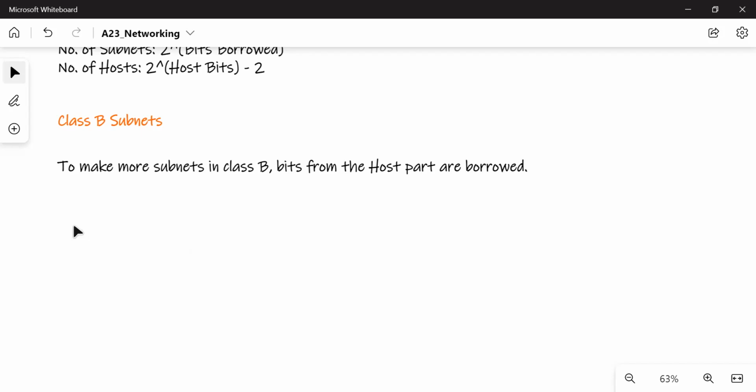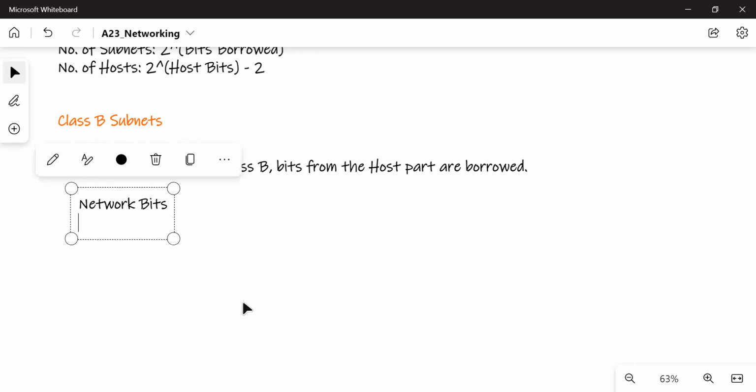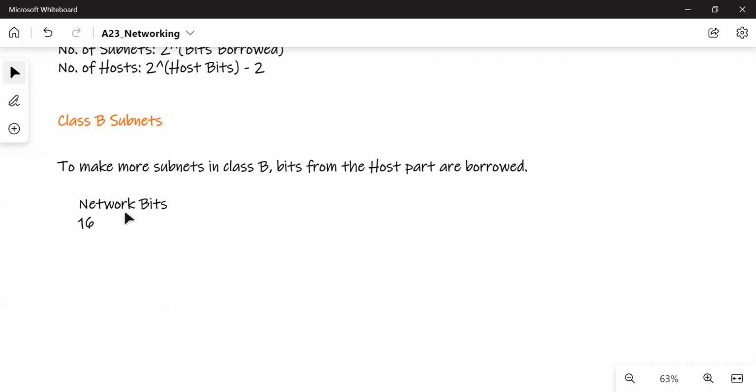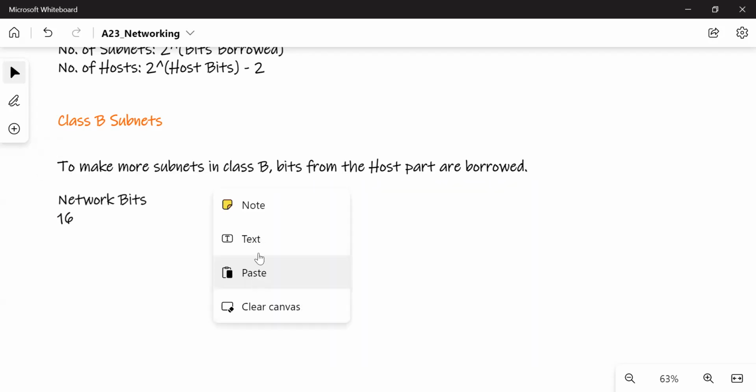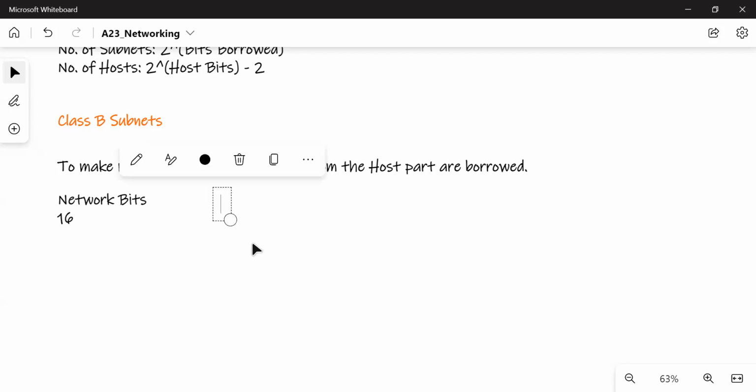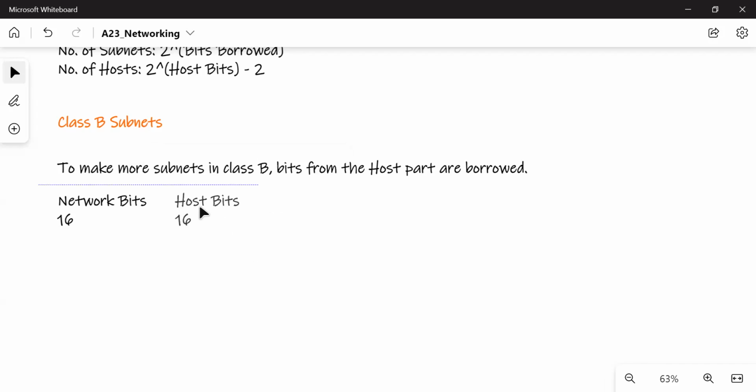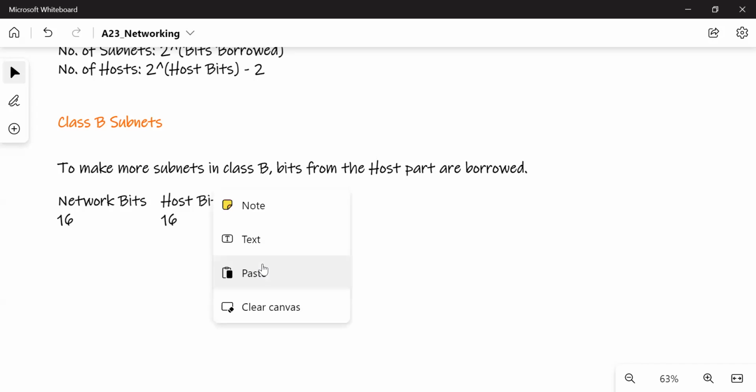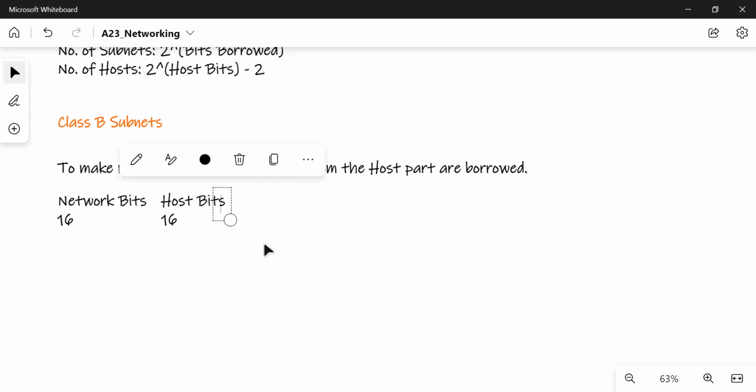Let's create the same table as earlier. This time, let's put down network bits first. Initially we have 16 bits allocated for the network. Then we have host bits, the same number, again 16. The next is the default subnet mask.